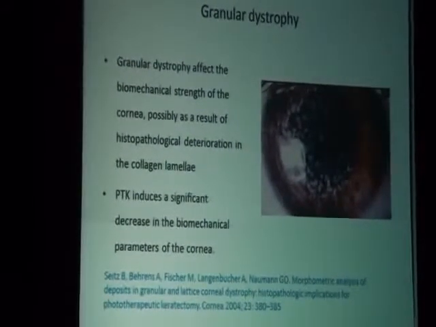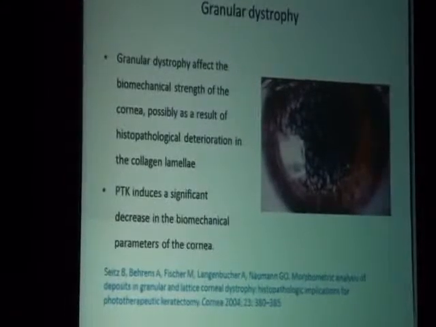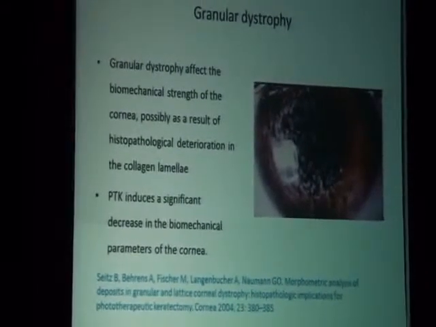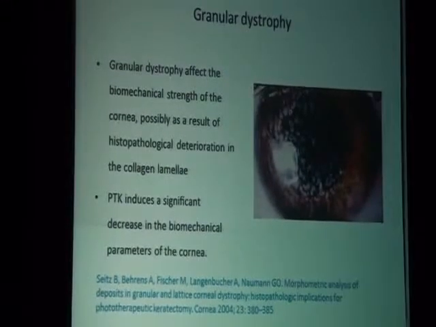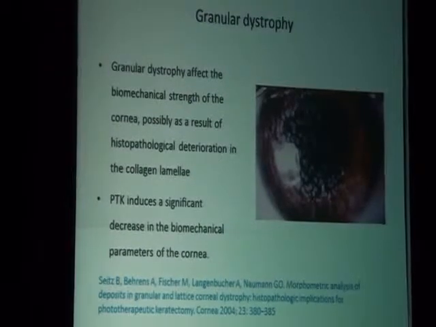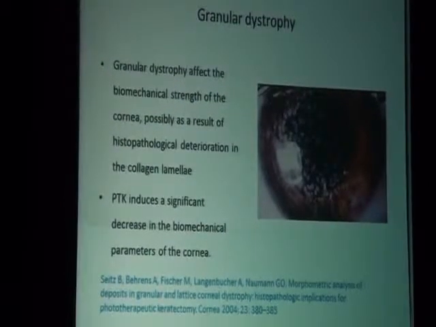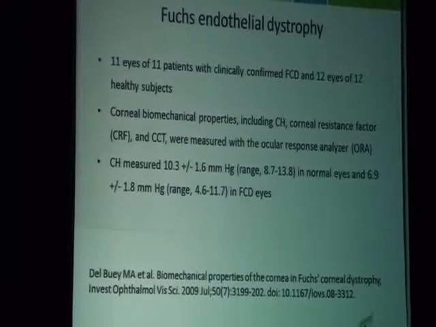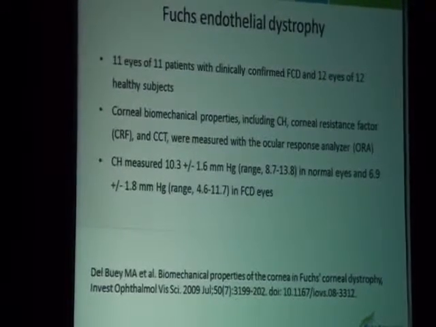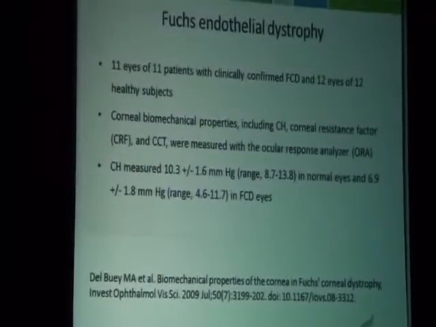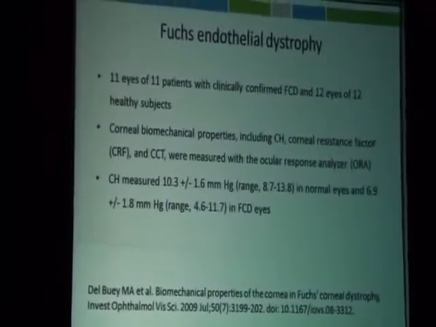There have been other studies where corneal biomechanics have been studied with other dystrophies and corneal pathologies, where it has been shown that corneal biomechanics with CH and CRF both are reduced with corneal dystrophy. Main reason not known, most probable cause is the corneal thinning that's associated with that, especially the macular dystrophy.